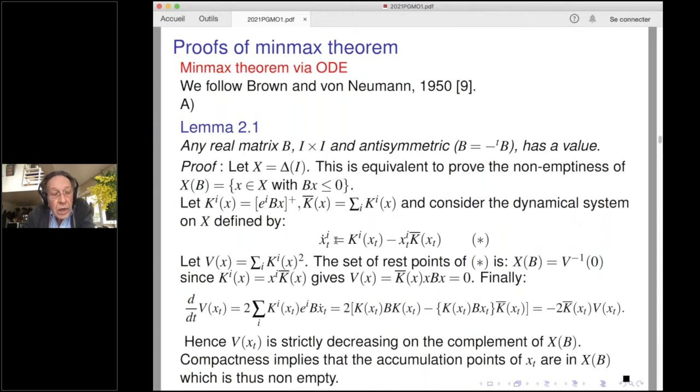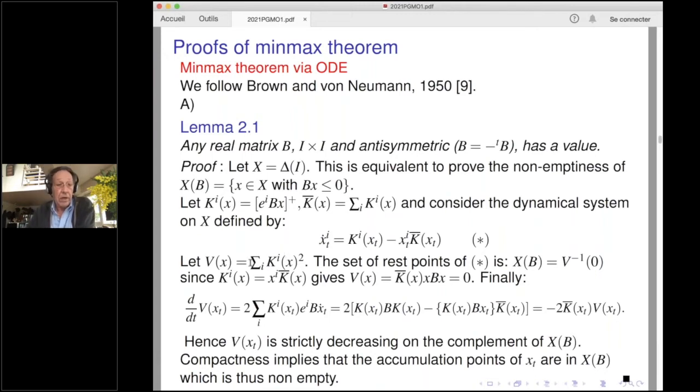So this is the time derivative of the i-th component of X at time t, which is K_i of x(t) minus this. If you take the sum of the x_i dot t, you get the sum of the K_i. Here you have the sum of the x_i, which is 1 since you are in the simplex, so you get only K bar, and K bar is the sum here. So it means that the sum of the derivatives is 0, so you stay in the simplex. So this is a dynamical system on the simplex.